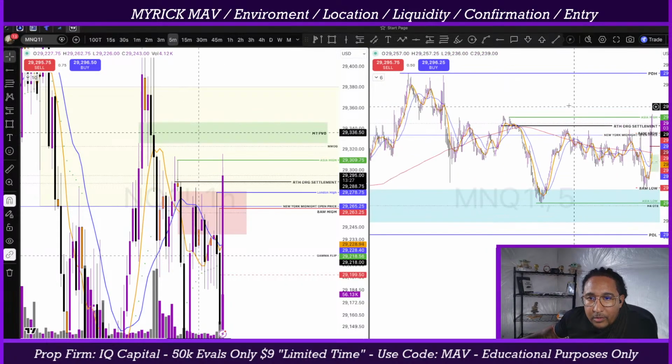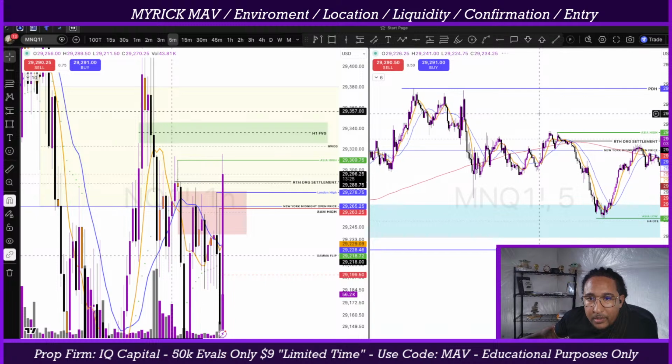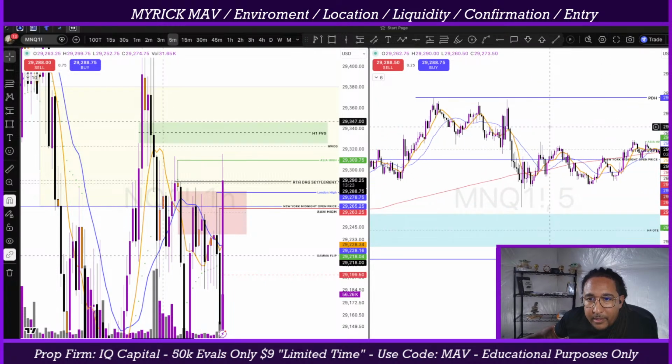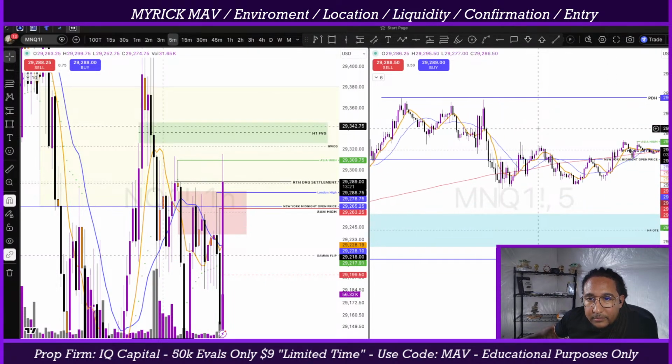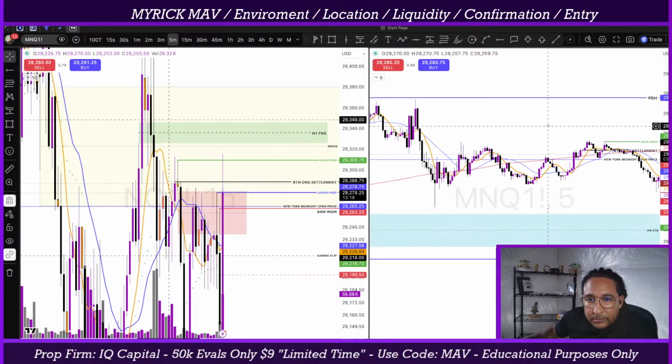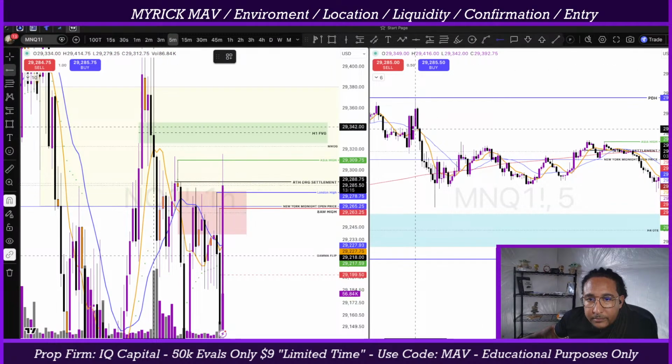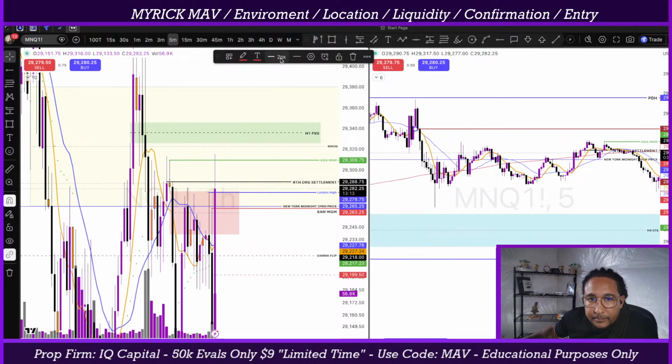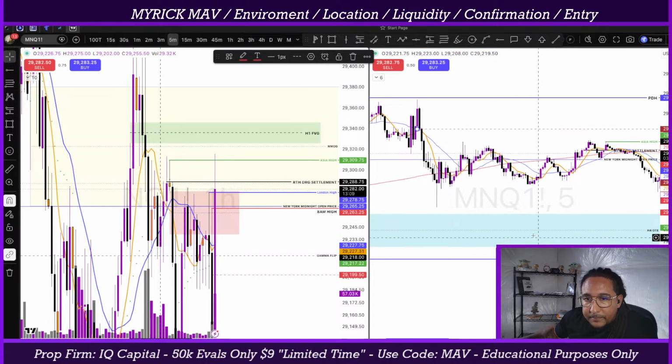It's a major draw on liquidity. We're entering into this bearish order block. Starting to see some rejection.